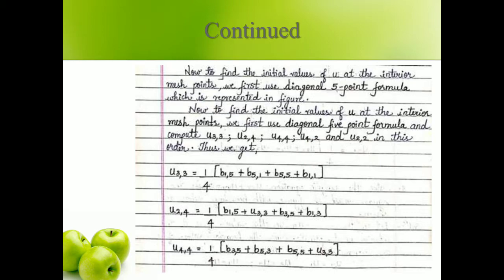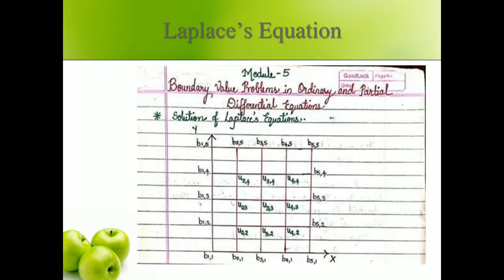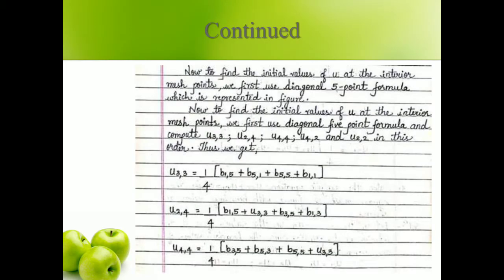Those are the diagonal elements we will be computing first. So the diagonal elements are u24, u44, u33, u42, u22.